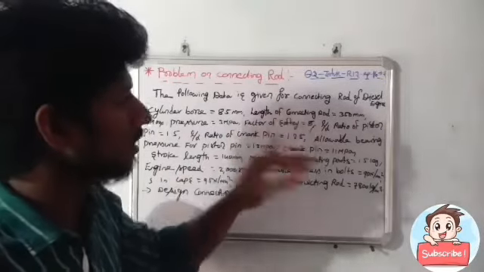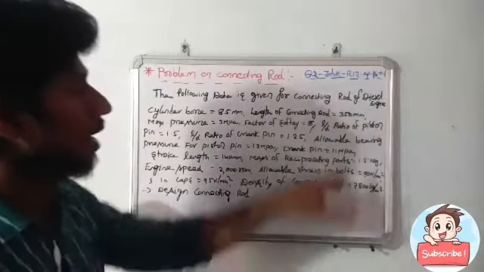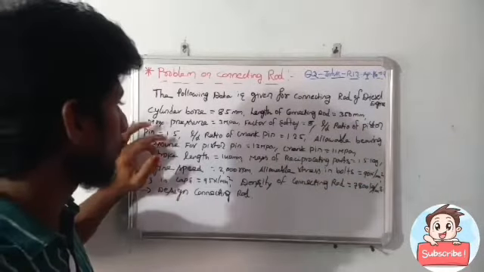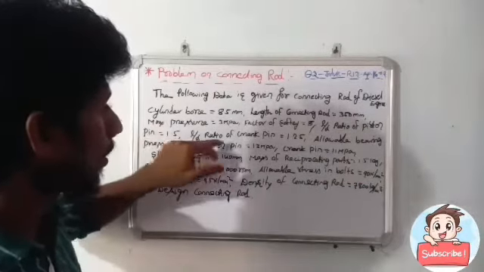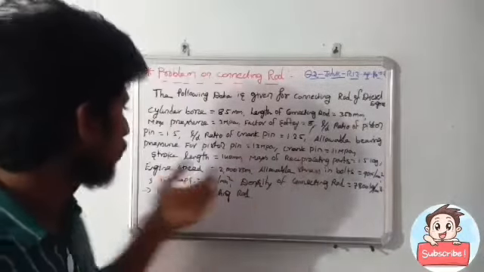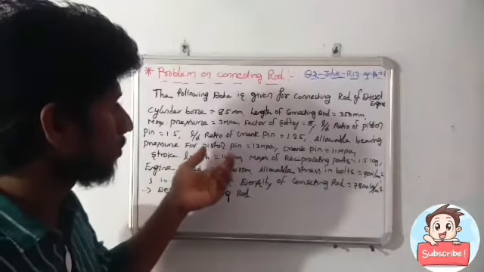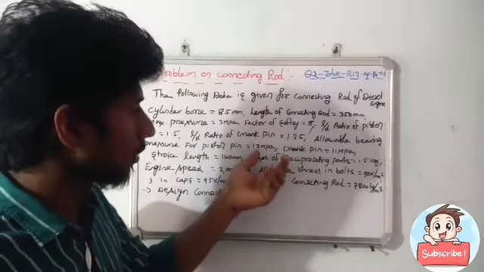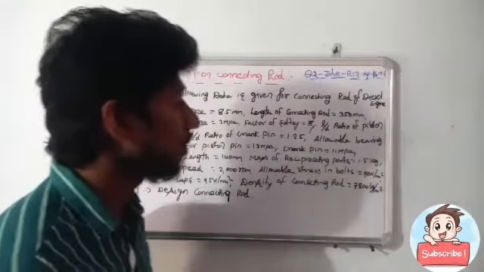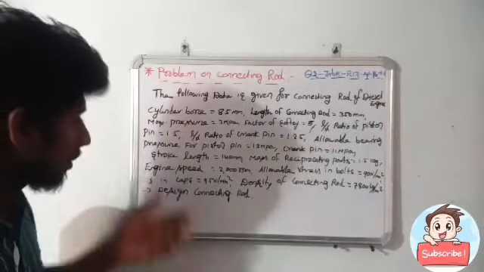A factor of safety equal to 5, length to diameter ratio of the piston pin equal to 1.5, and length to diameter ratio of the crank pin equal to 1.25. Allowable bearing pressure for the piston pin is 13 megapascal and for the crank pin 11 megapascal.